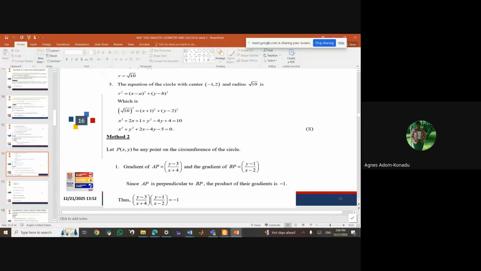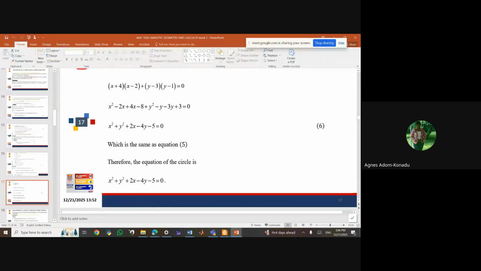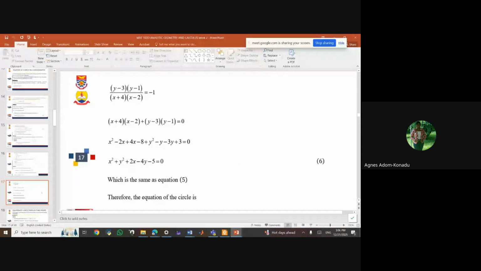So we have (y minus 3) over (x plus 4) times (y minus 1) over (x minus 2) is equal to -1. When you expand and simplify, you're going to get x squared plus y squared plus 2x minus 4y minus 5 equal to 0, which is the same as using the first method. So the one who didn't get the same solution, please look at it again.